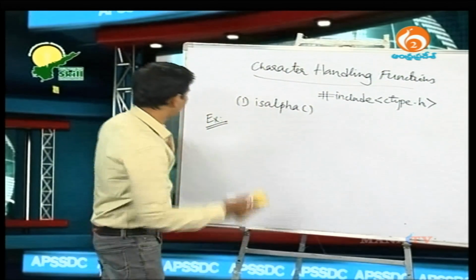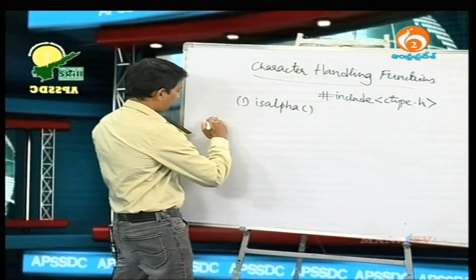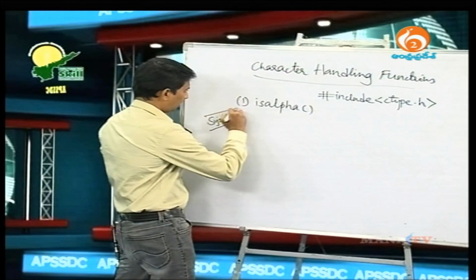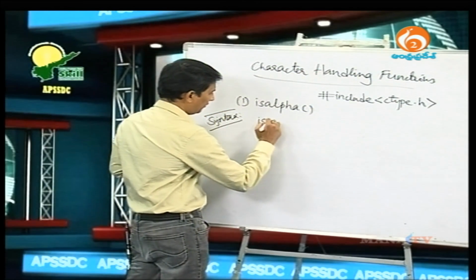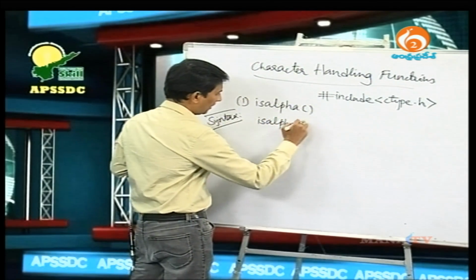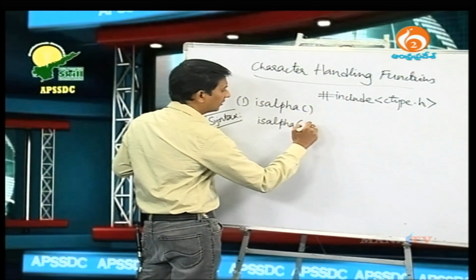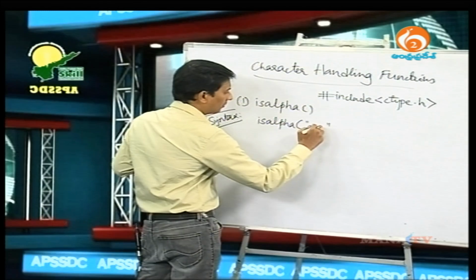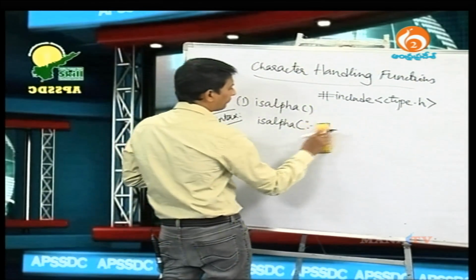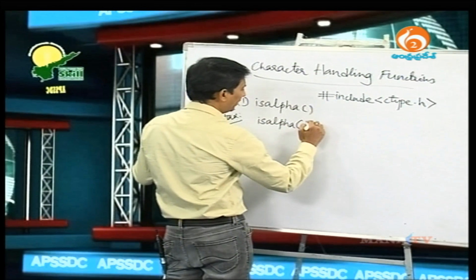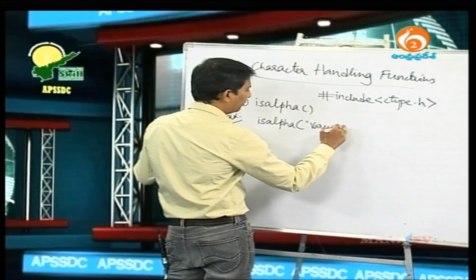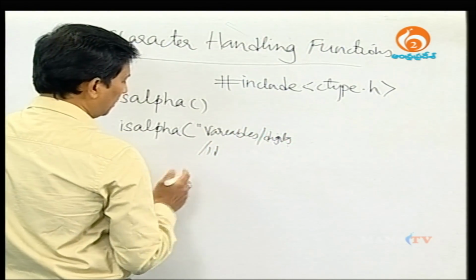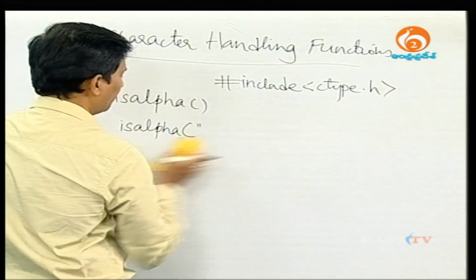The syntax is isalpha, and here you have to write a character, an identifier or a variable, or a digit.